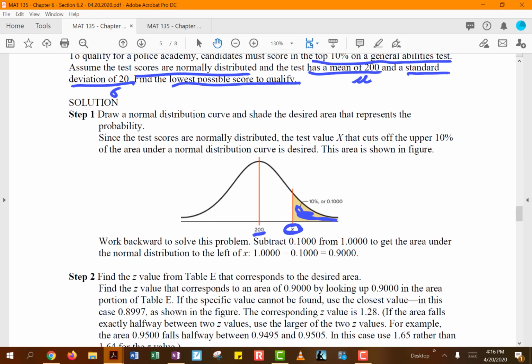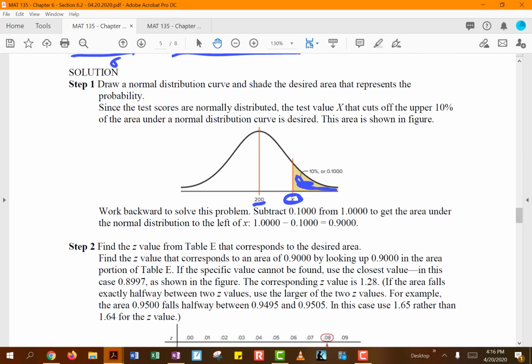Okay, so since this is to the right of our data value, remember the table always tells you what the left or below that data value is.